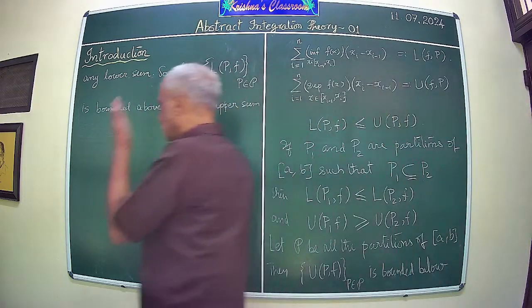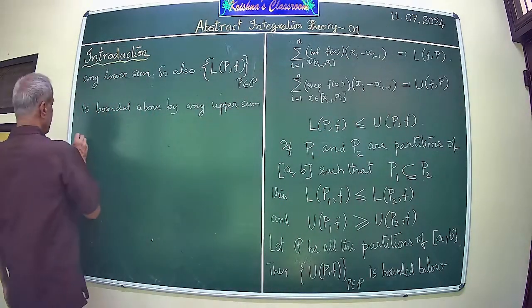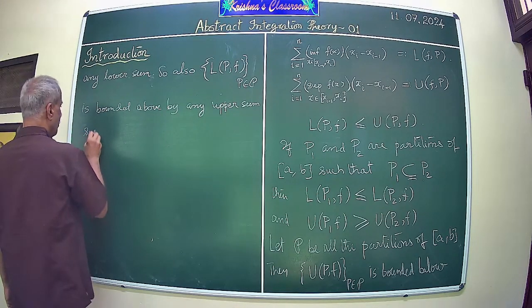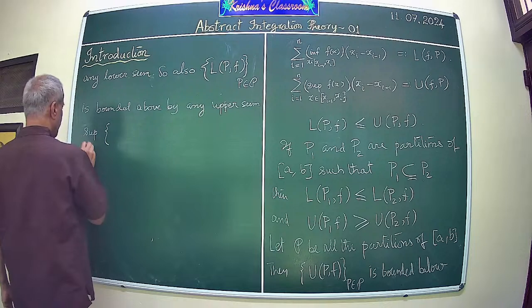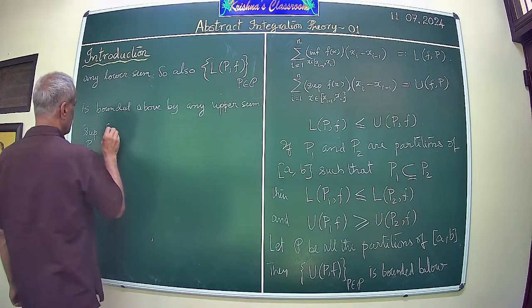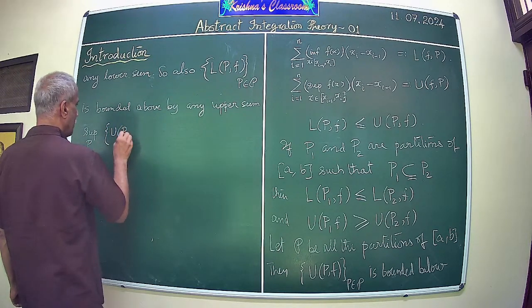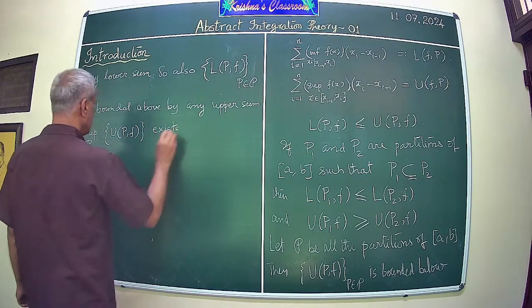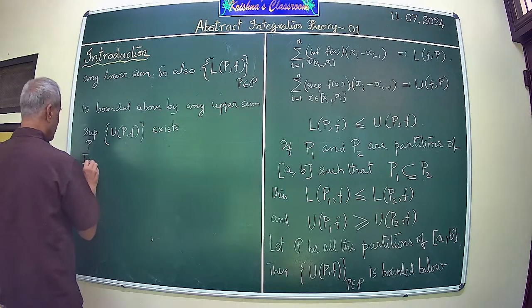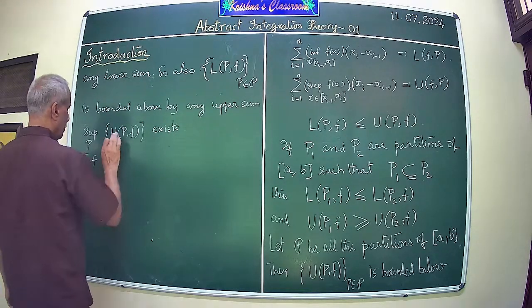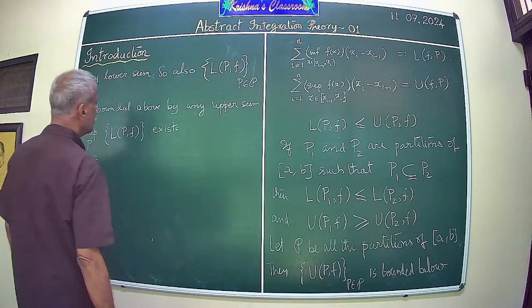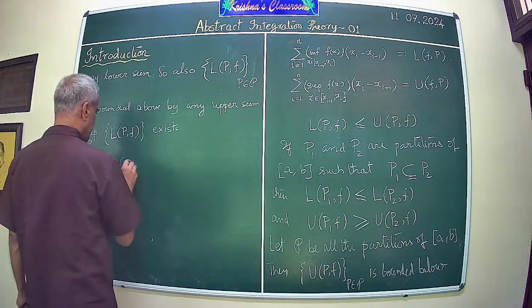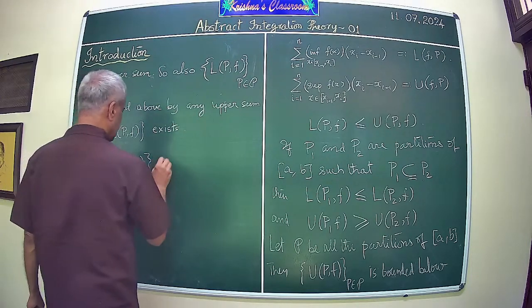Therefore, the supremum of the lower sums L(P, f) over P exists and the infimum of the upper sums U(P, f) exists.